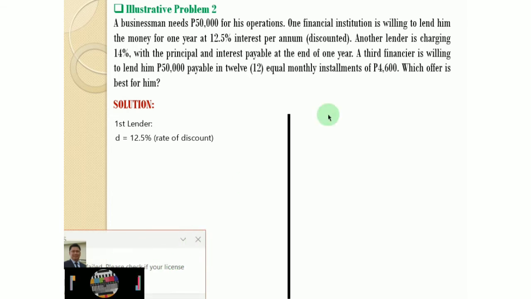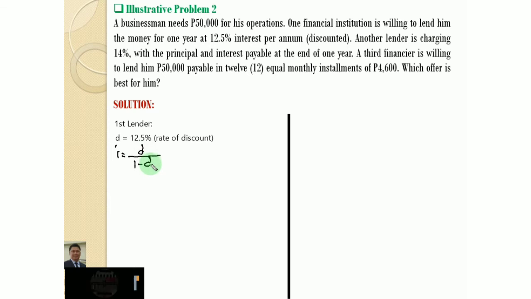So after this one, we have the formula from our previous lecture that in order to get the value of our I, our interest rate, we have I is equal to d over 1 minus d, the rate of discount, which is then equal to 0.125 over 1 minus 0.125.